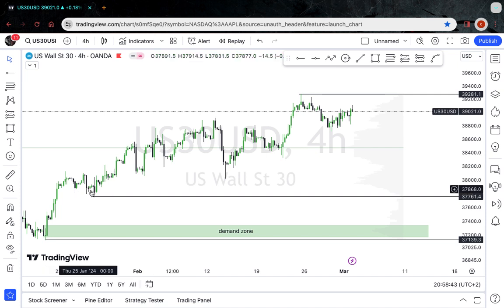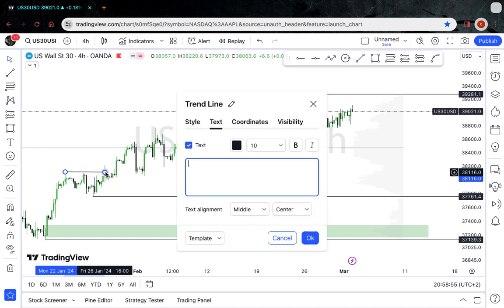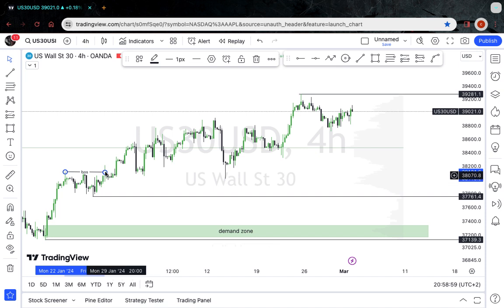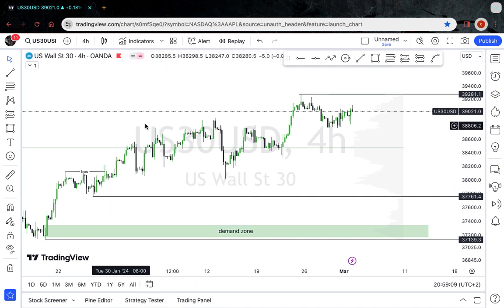We have a second low here, and then just above that low we have a break of structure, because the market is bullish. We have a BOS there. And then the market continued breaking structures to the upside. We have a second BOS there.